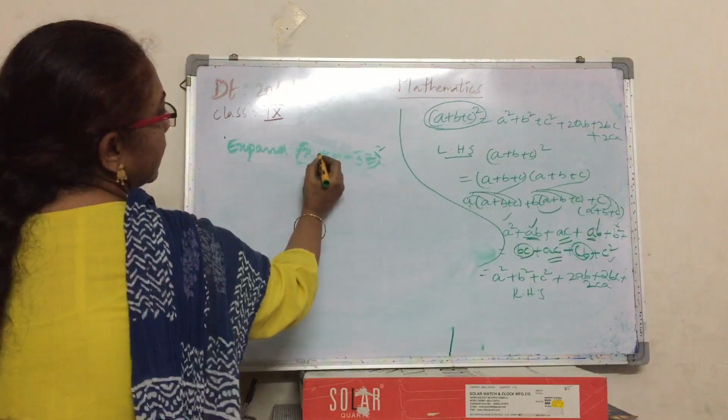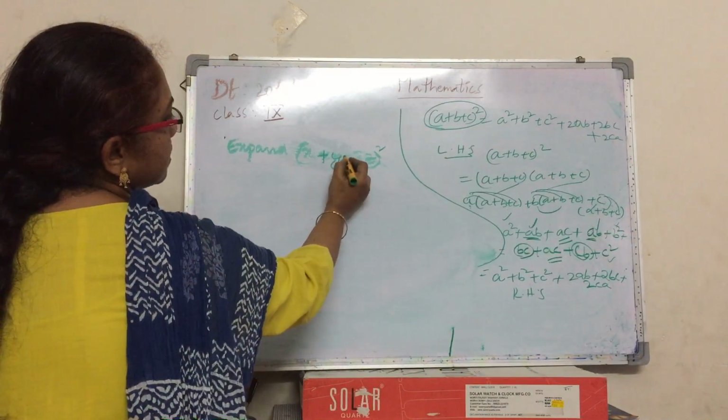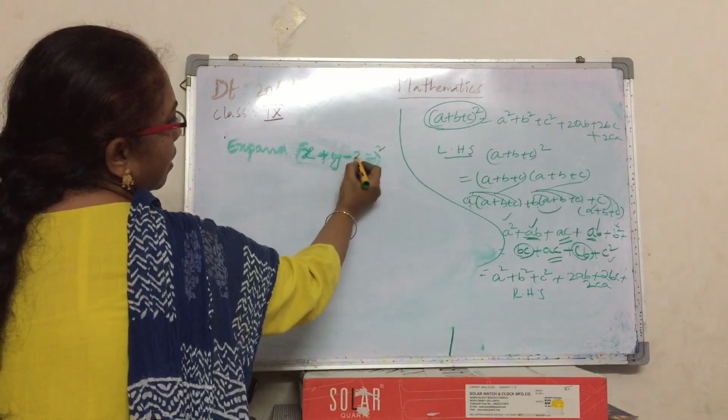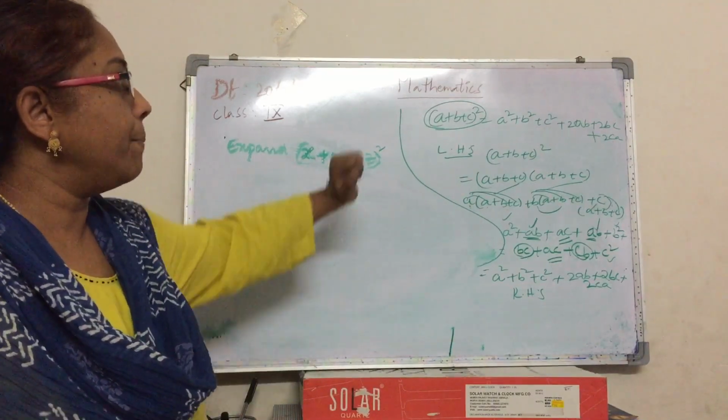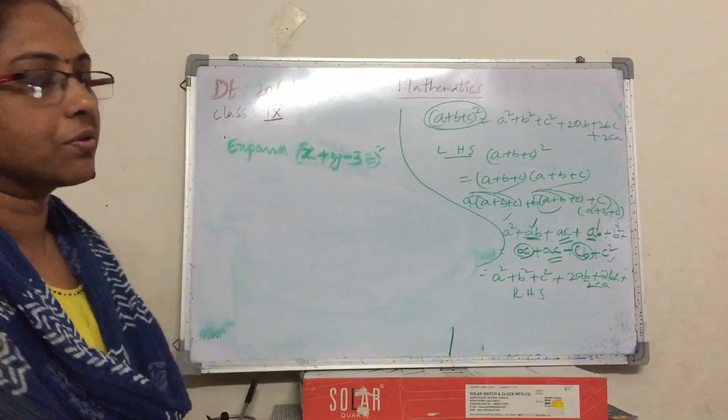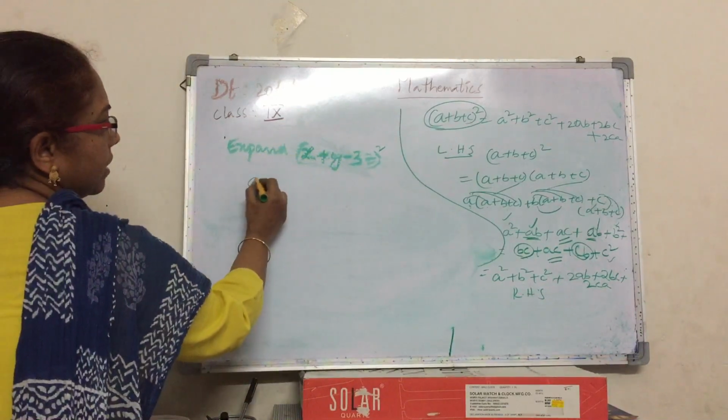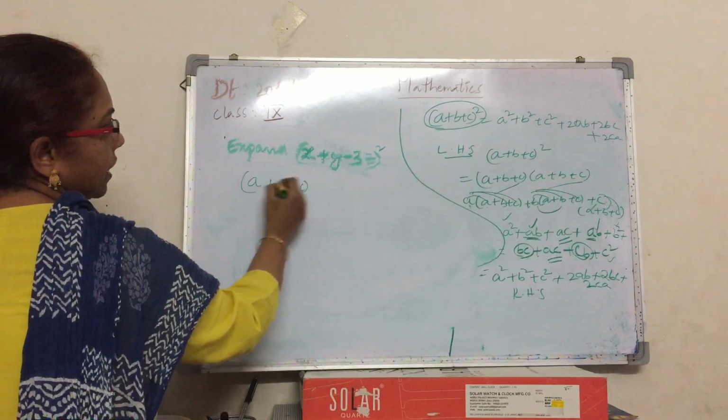Now see here, the given question is (x plus y minus 3z) whole square. This one you compare with (a plus b plus c) whole square.